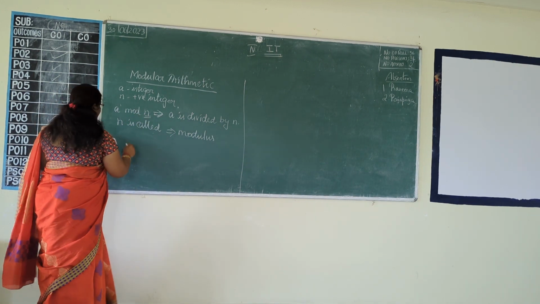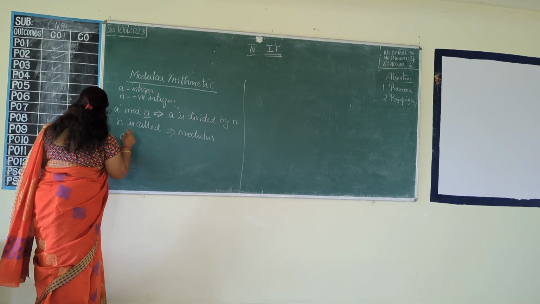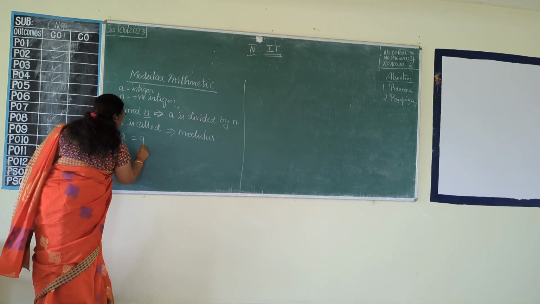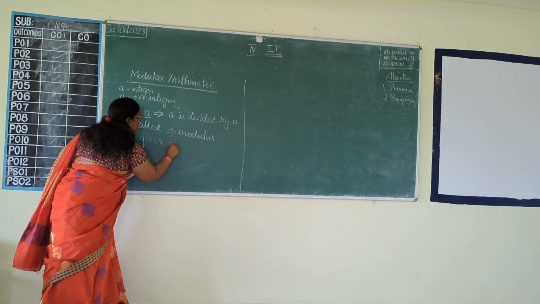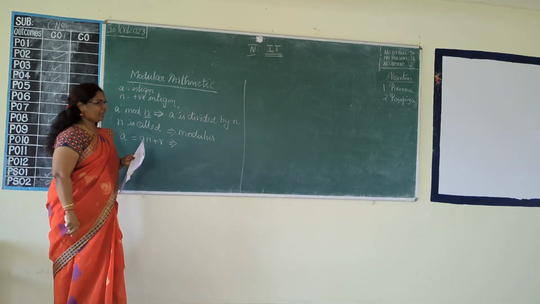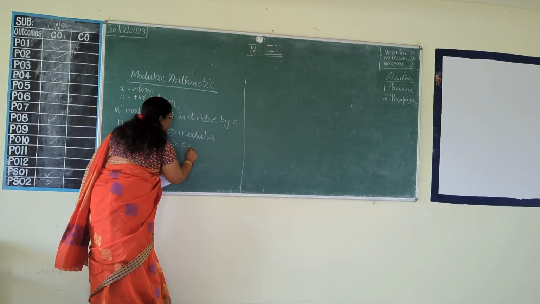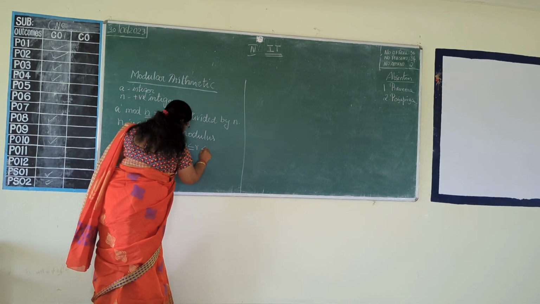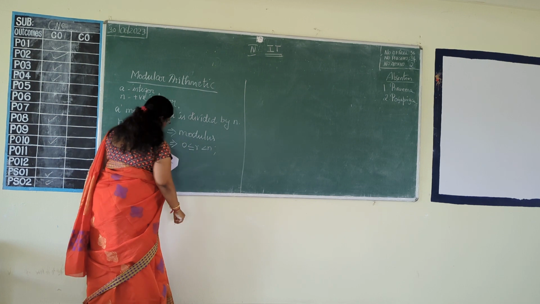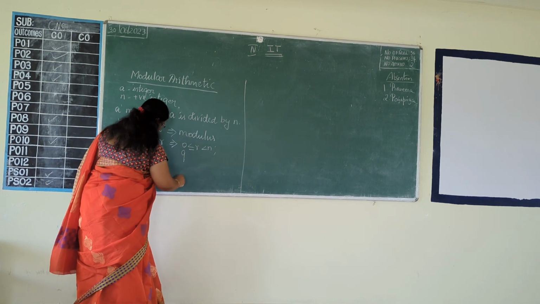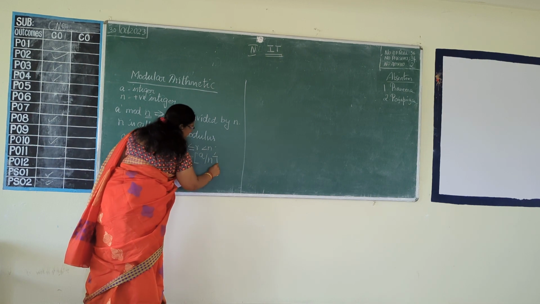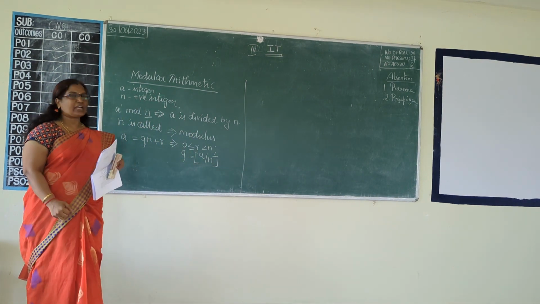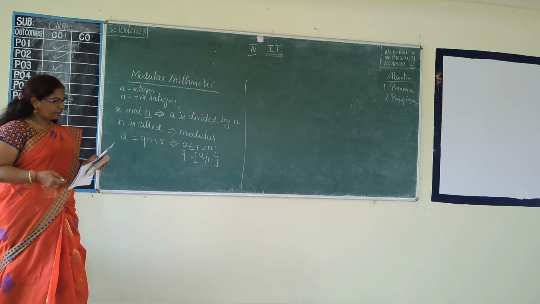This can be expressed as the equation A is equal to Q times n plus R, where 0 is less than or equal to R, less than n, and Q is A divided by n.